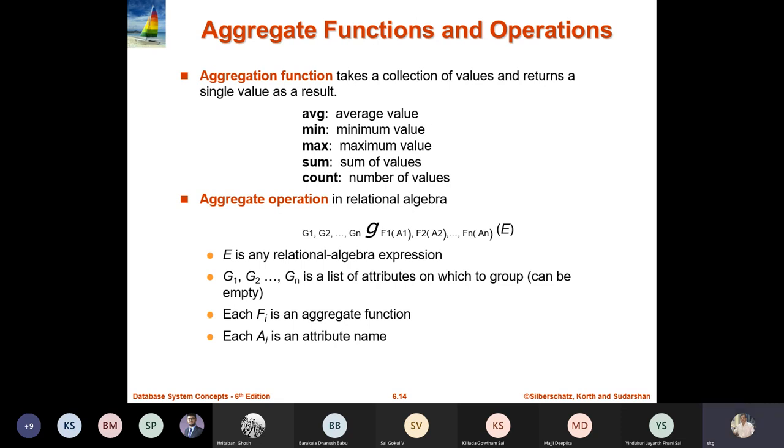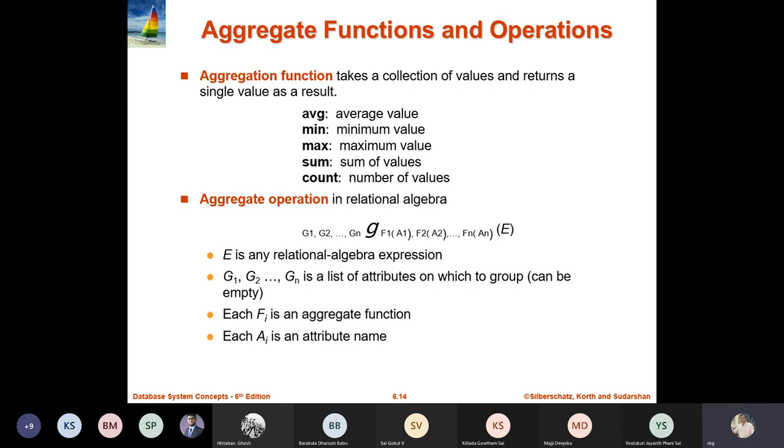There are also some aggregate functions we have seen earlier, and you may be using them while working with SQL. One is average, which calculates the average value, then minimum, max, sum, and count, right? These are the five standard aggregate functions.